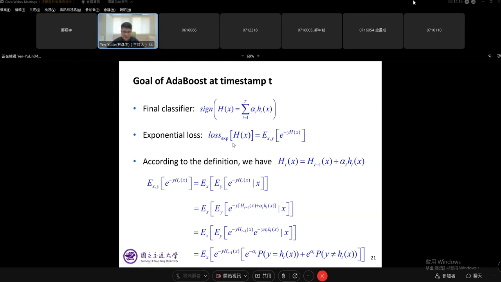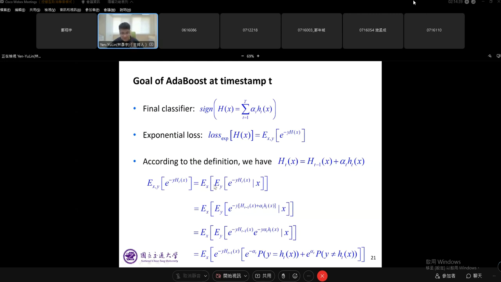So let's look at the derivation for this exponential loss. I write down the exponential loss on the left-hand side of this equality, and we divide the expectation operator over x and y respectively.